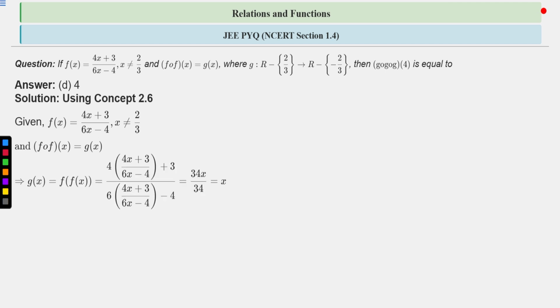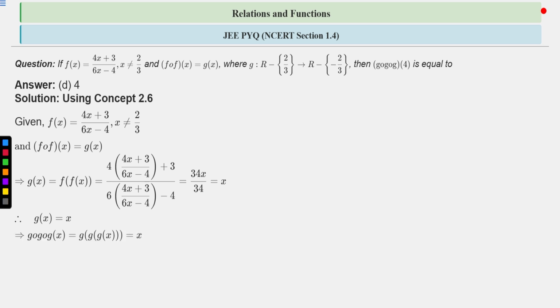So g(x) will be equal to f of f(x), and it will be equal to 4 times (4x plus 3) upon (6x minus 4) plus 3, upon 6 times (4x plus 3) upon (6x minus 4) minus 4, and it will be equal to 34x upon 34, which is equal to x, right? Clear? Therefore we can say that g(x) is equal to x.